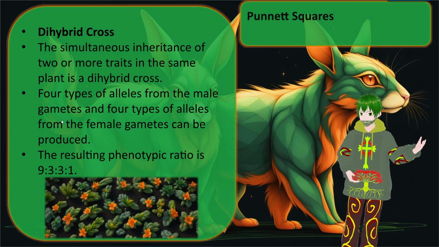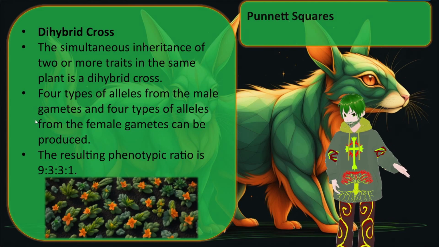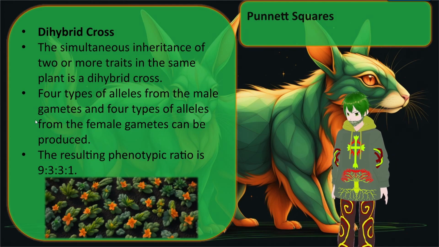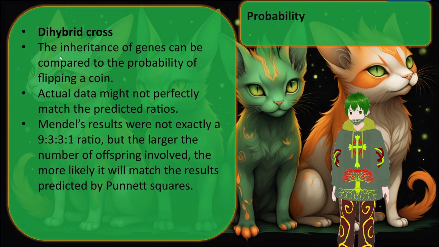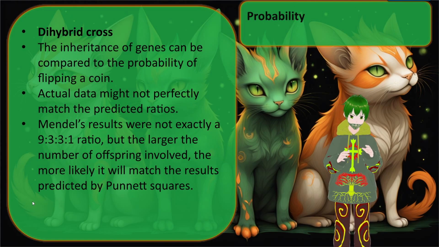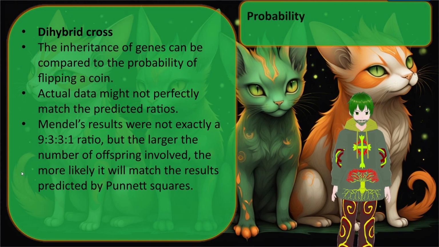The traits are the color of the seed and the texture of the seed, and you can cross those, and the two traits will sort independently, and you can make a prediction about what the offspring's characteristics will be like using a Punnett square, just like we did with a monohybrid cross. Now, obviously, you're going to have a much wider variety of possible offspring with a dihybrid cross than you're going to have with a monohybrid cross.